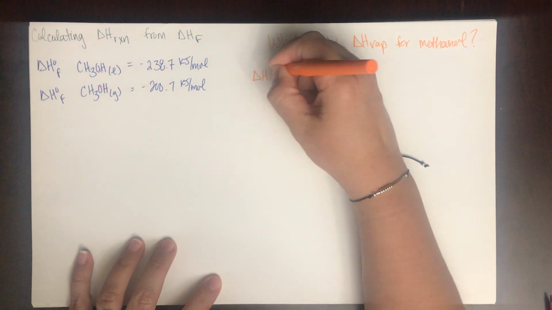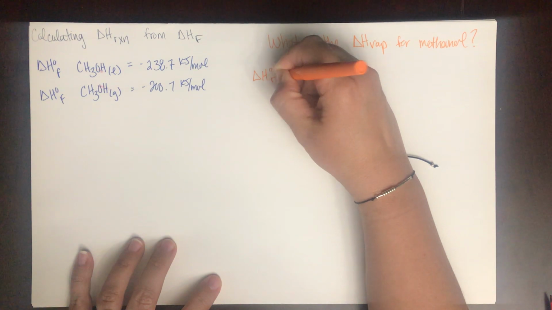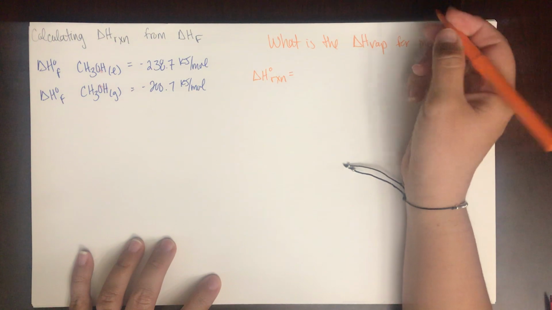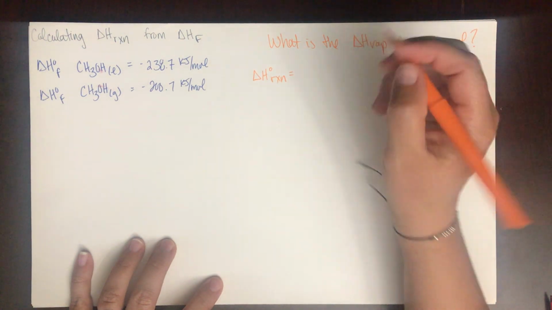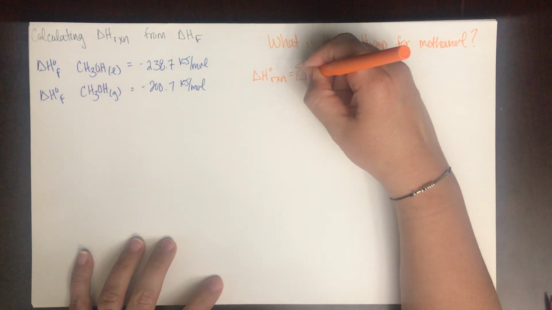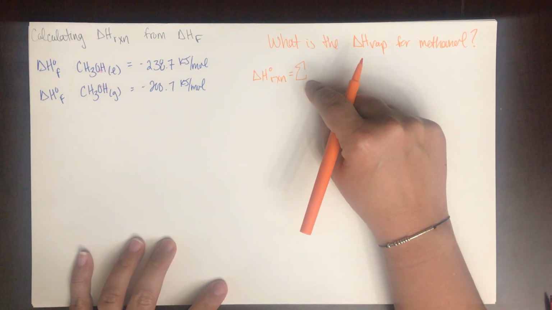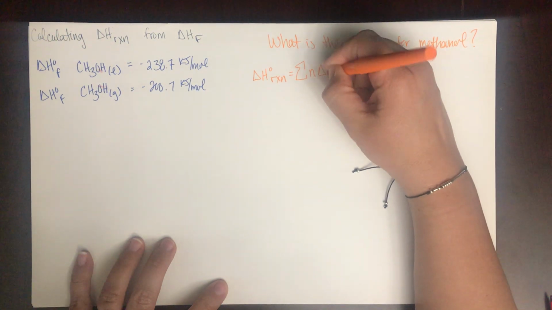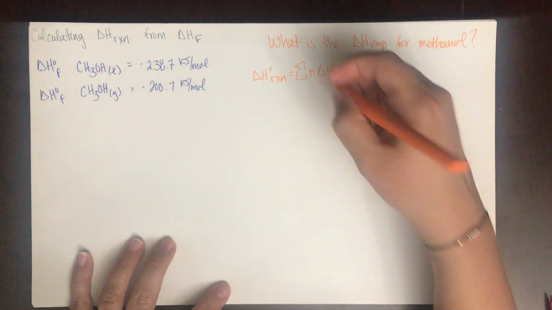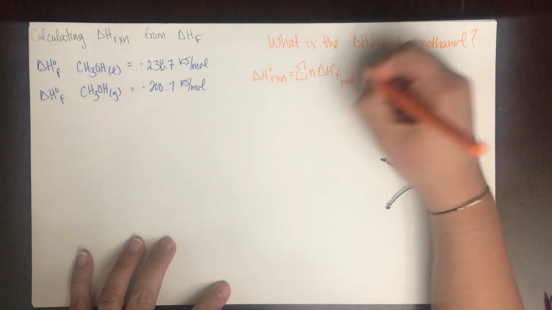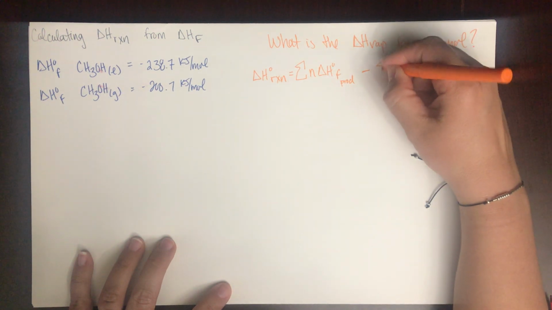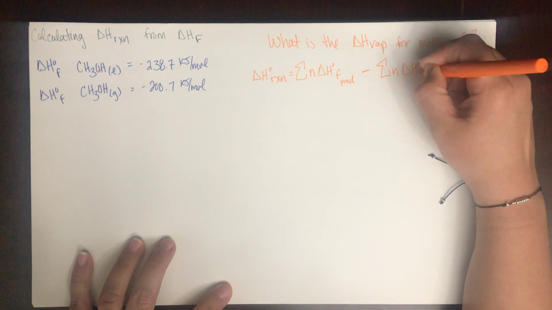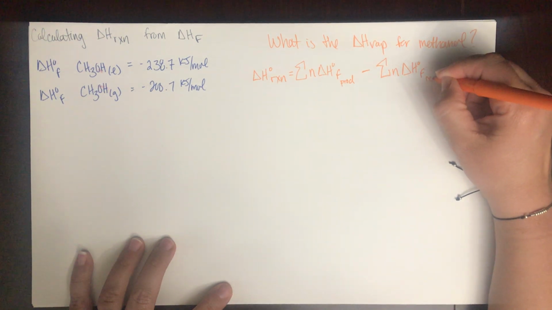So it's delta H 0 of the reaction. So again, this just means at standard conditions, equals, so this is going to be a little complicated, so just hang with me, the sum of, so this little sigma letter here means the sum of the number of moles times the change of the standard enthalpy of formation of the products minus the sum of the number of moles times the change in the standard enthalpy of formation of the reactants.